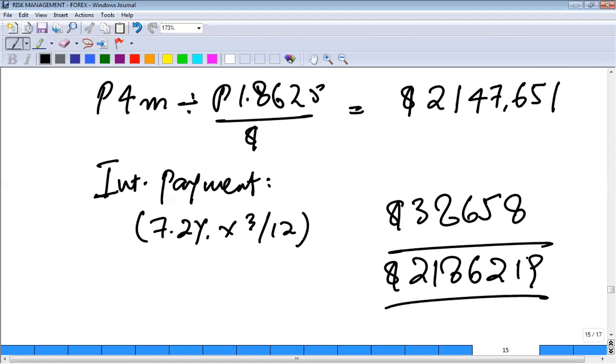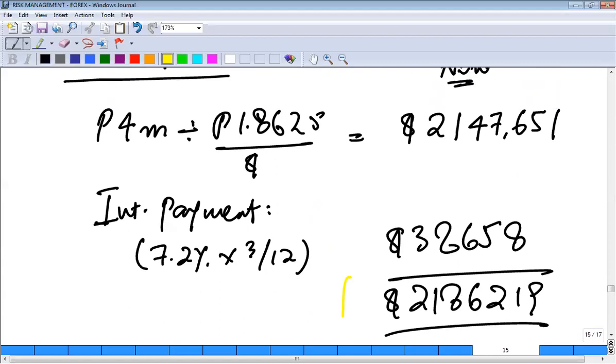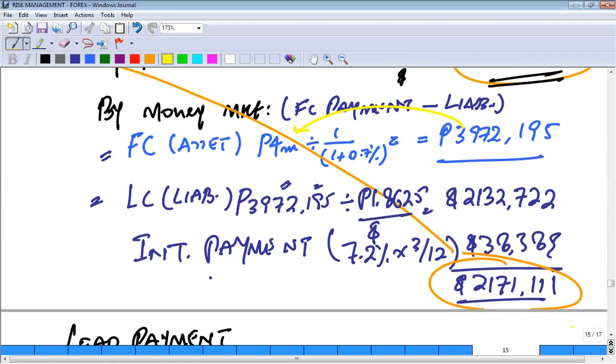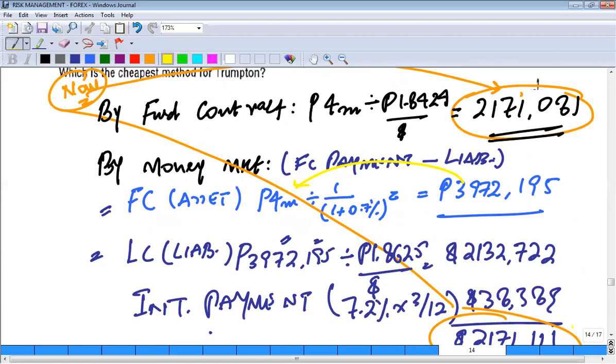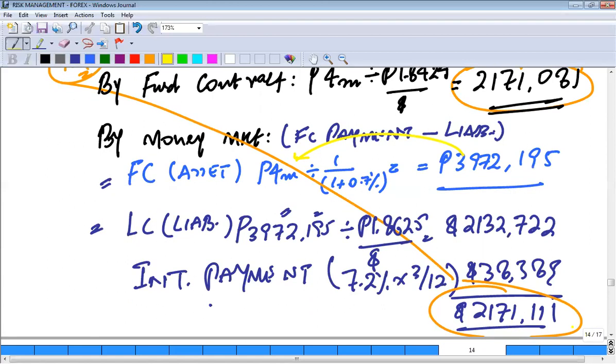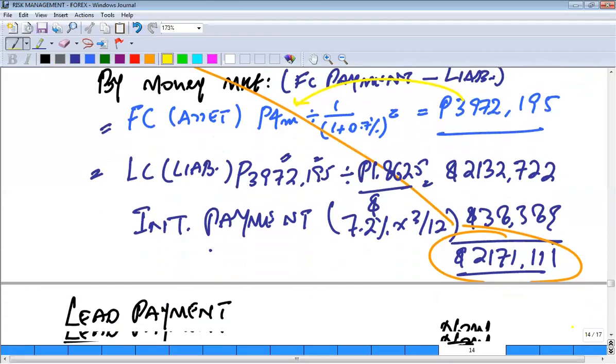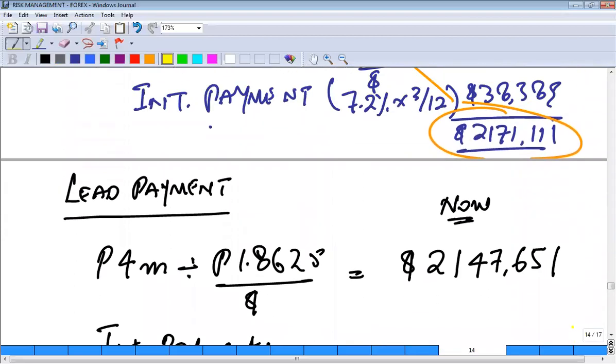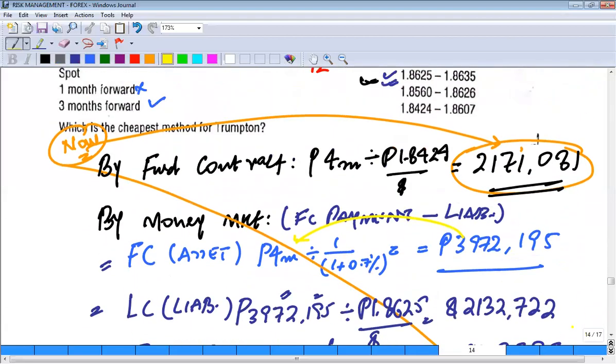Now the things are comparable. Where can we pay the lowest amount: either 2,171,081, 2,171,111 or 2,186,219? So the cheapest amount is forward. Forward will be the cheapest.